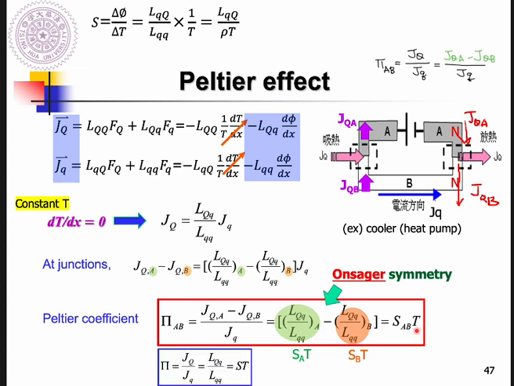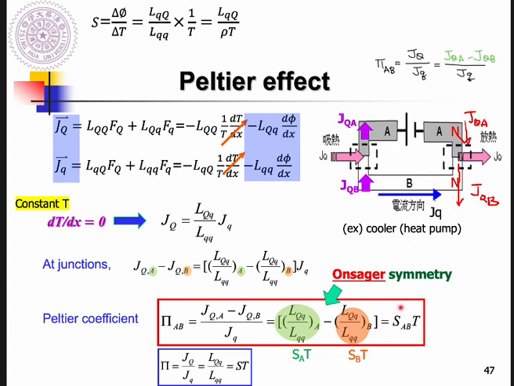Okay, so if you have a larger SAB, then you will have a higher Peltier coefficient, which means that you get higher performance for the cooler. So how do we get higher performance for this thermoelectric cooler?